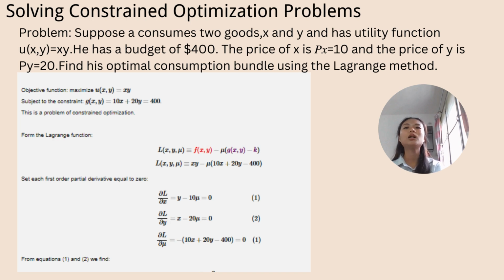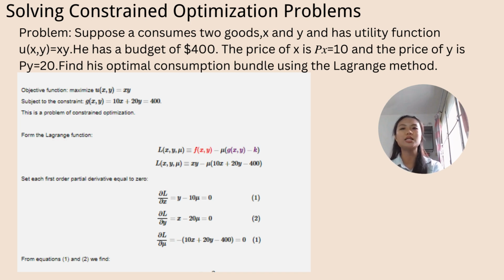Next, solving a constrained optimization problem. The problem is: suppose a consumer buys two goods, x and y, with a utility function. He has a budget of $40. The price of x is 10 and the price of y is 20.